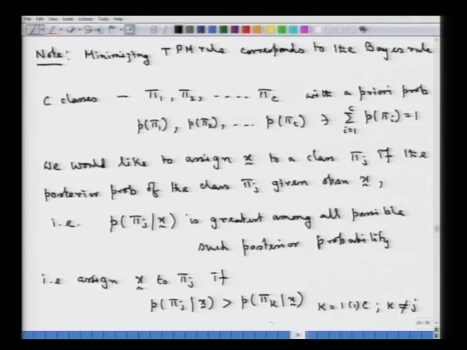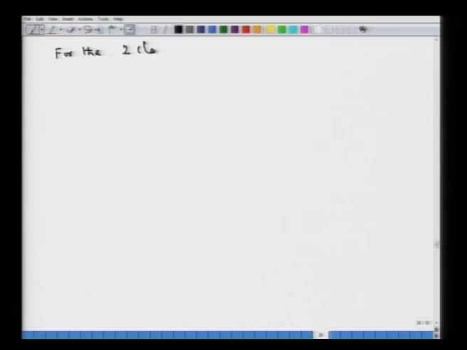Now, for the two class problem, the above Bayes rule reduces to the following.